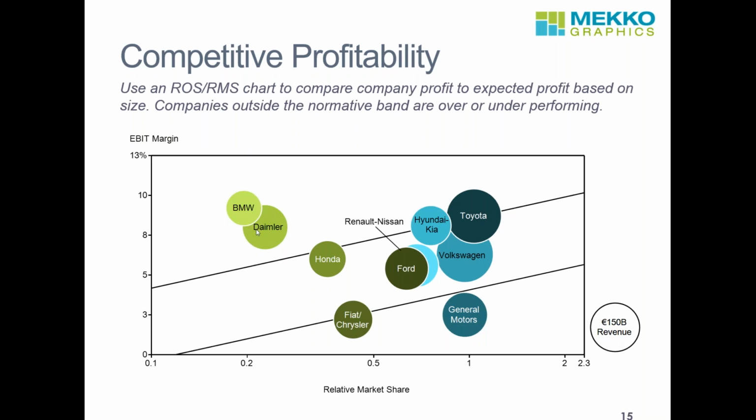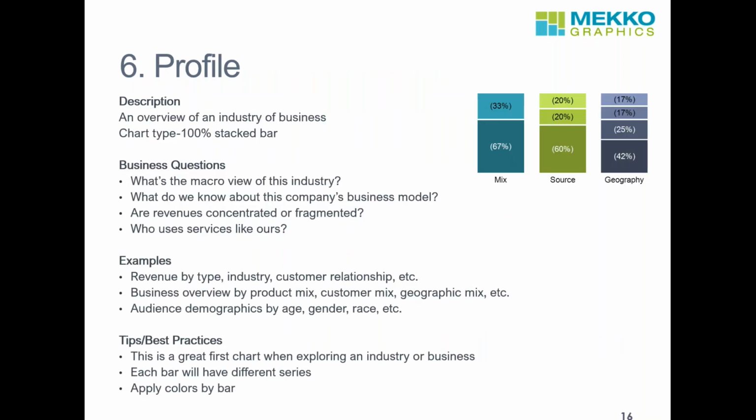In this case, BMW and Daimler have higher margins than would be predicted by their size. General Motors has a lower margin than would have been predicted by its size.